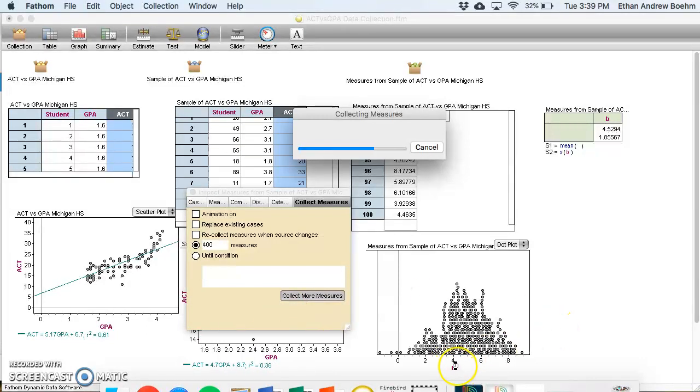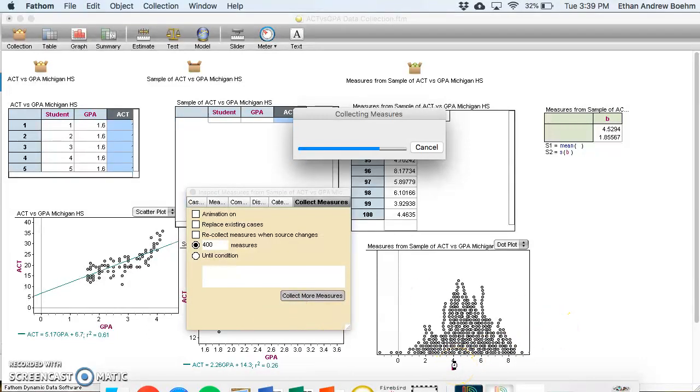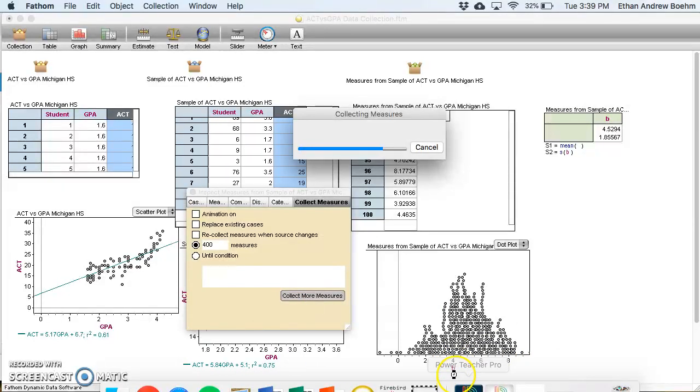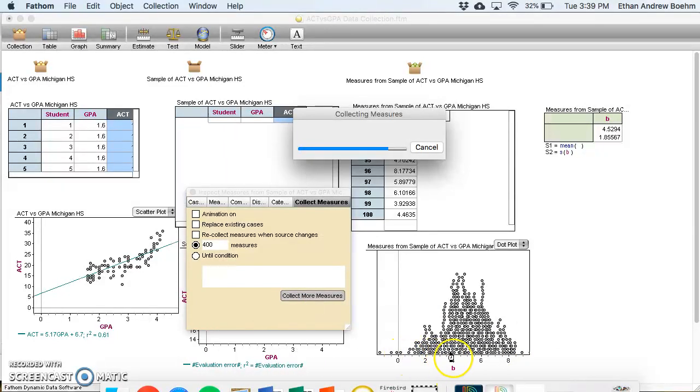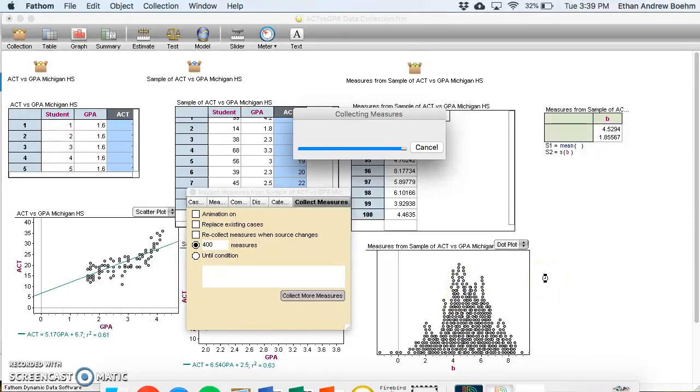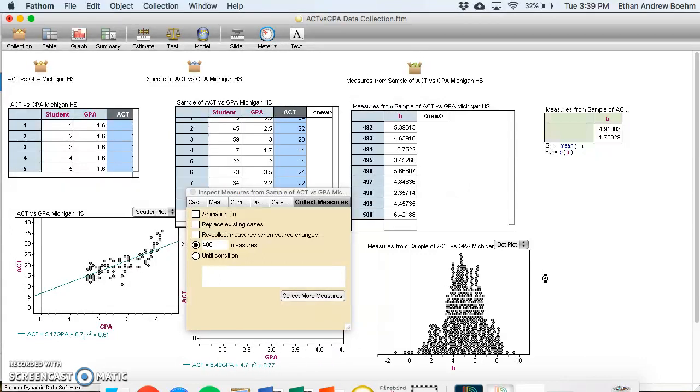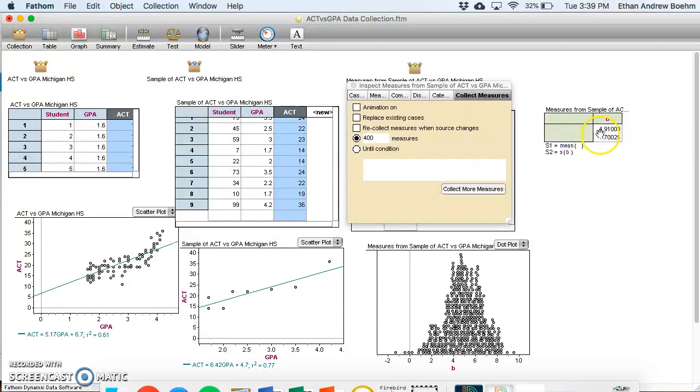If I subtract 4 minus, actually, it looks pretty normal to me. So I'm noticing that the shape is normal. The mean looks to be estimating about 5.91, and I could check that with the actual 4.91, the true slope.